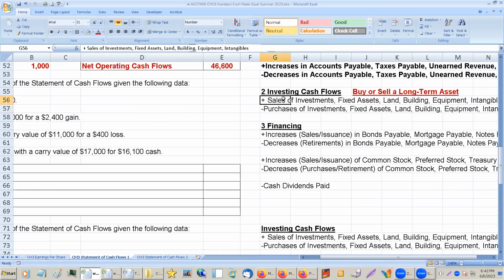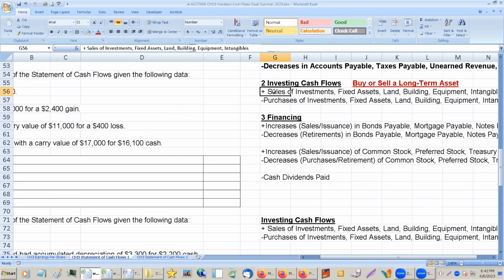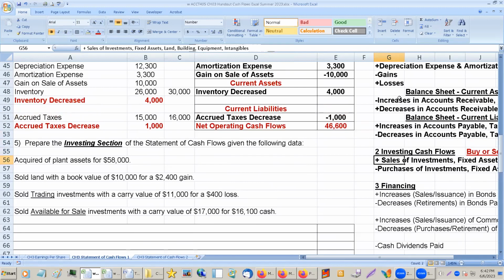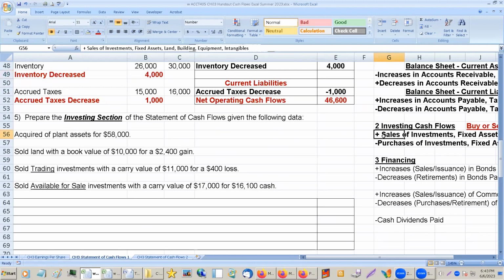And buying or selling. When you sell something, your cash goes up. When you buy something, your cash goes down. So it's sort of like back up here for the current assets, if they go up, cash goes down, same thing. So if you sell a building, your cash goes up. If you buy a building, your cash goes down.